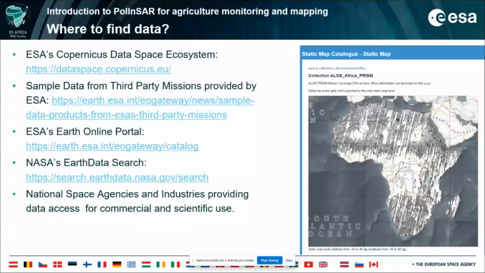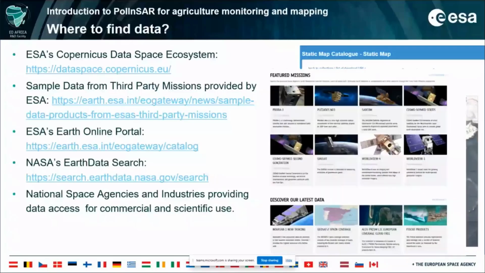There is also NASA Earthdata Search, and national space agencies and industries also provide some of the data. Here you can have a preview of the ESA Earth Online portal, which you can investigate on how to access them.